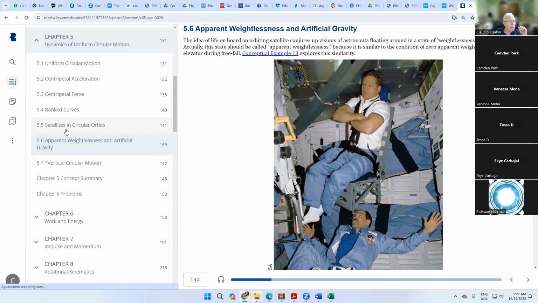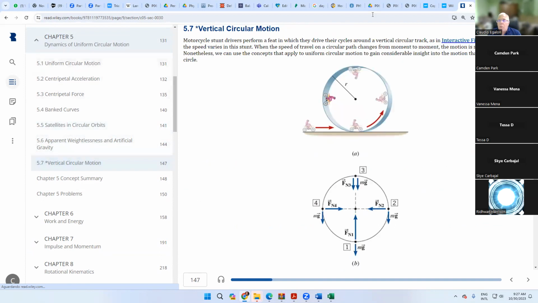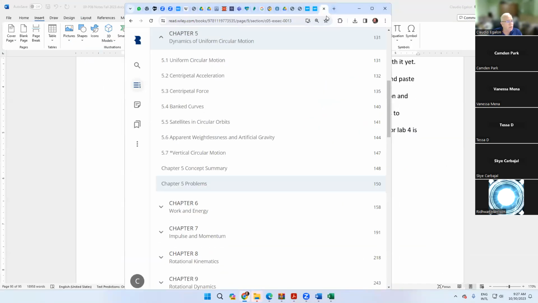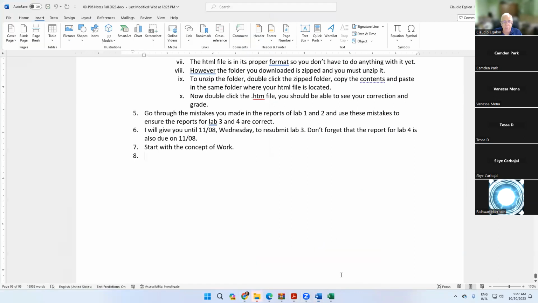We have banked curve. Oh, we also have a satellite in circular orbit, vertical circular motion. So what I want you to review, not for this coming exam, but for the third exam, let me document what you need to know for this chapter.